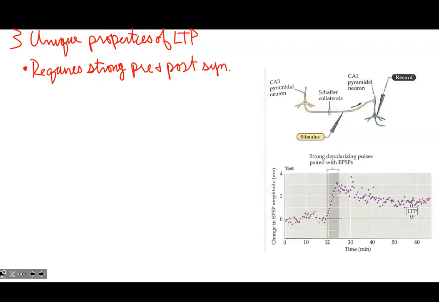So pre and post-synaptic activities. So I think we've seen how presynaptic activity can lead to LTP, but what do I mean postsynaptic activity?